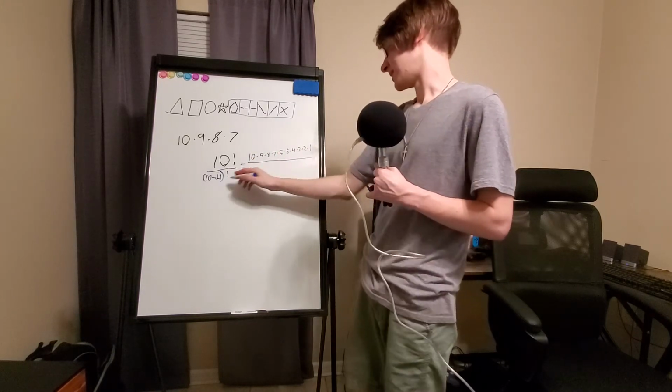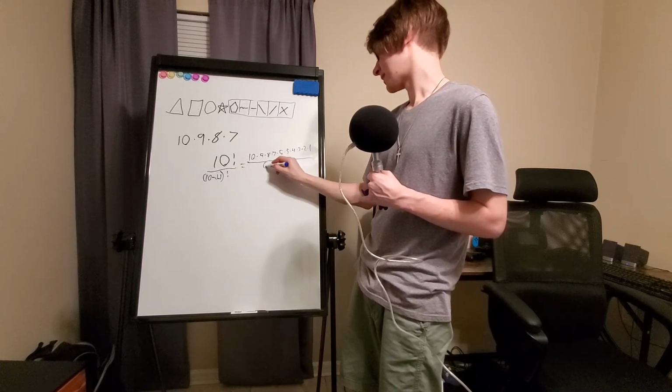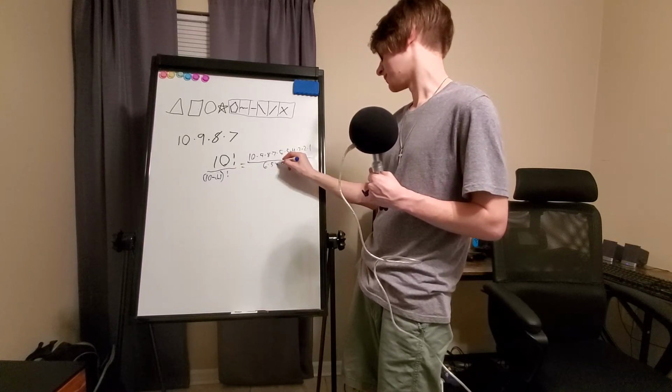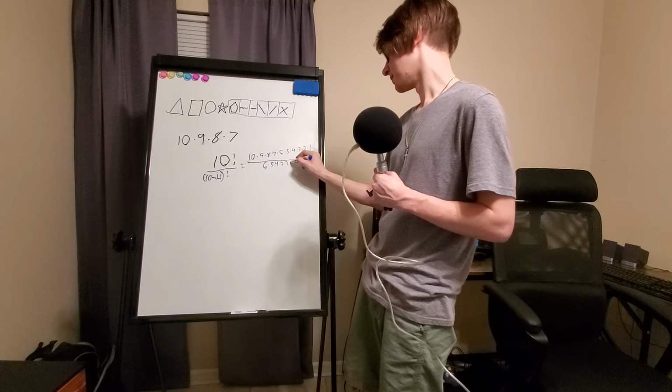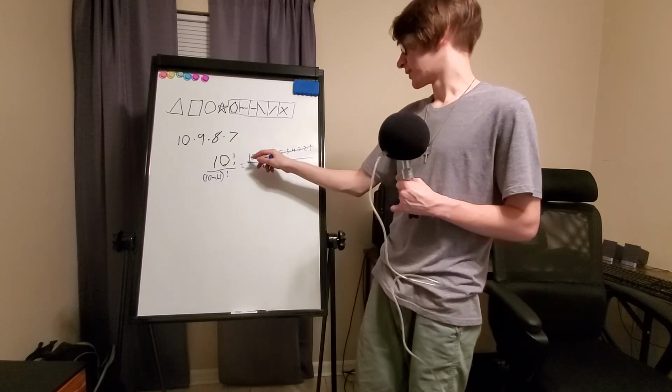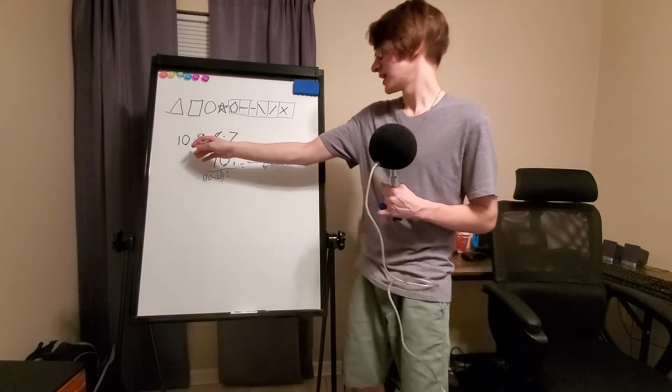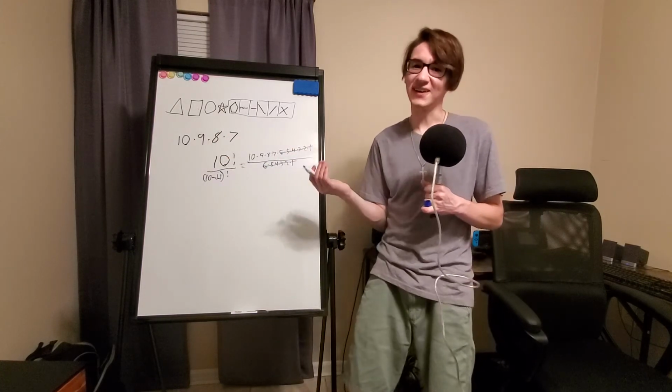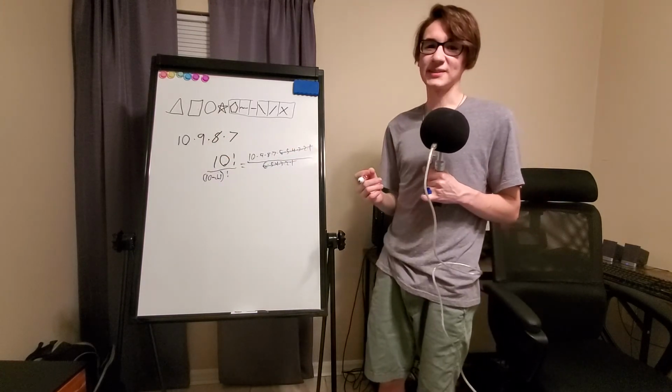And in the denominator here, we would get 6 factorial, which is 6 times 5 times 4 times 3 times 2 times 1. This would all cancel out, and we're left with 10 times 9 times 8 times 7, which, hey, that's what we got earlier. All right. It aligns with what we would expect.